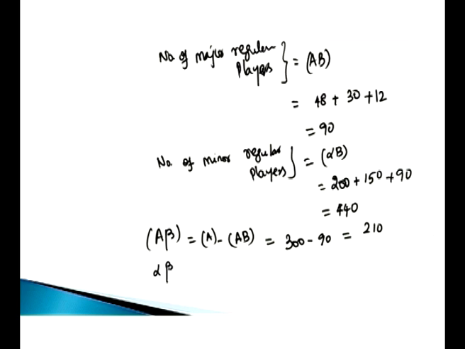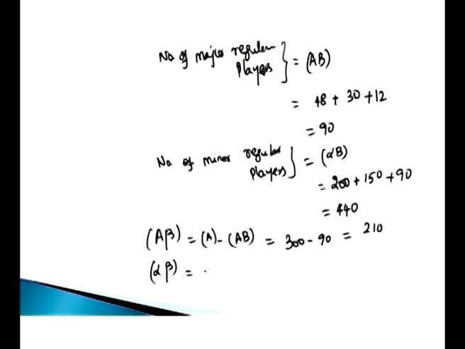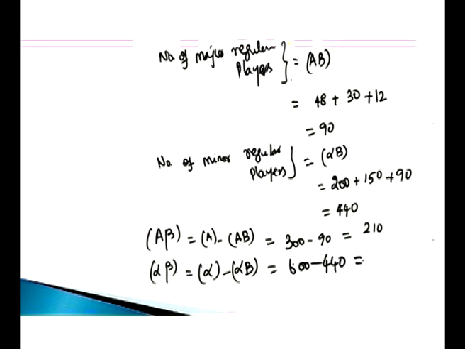Similarly, alpha beta, because the 4 class frequencies of order 2 are required for finding the coefficient of association Q. Okay, that is AB, alpha B, A beta and alpha beta, right. So, alpha beta is nothing but alpha minus alpha B. Okay. Alpha value is 600 minus 440, which is equal to 160.